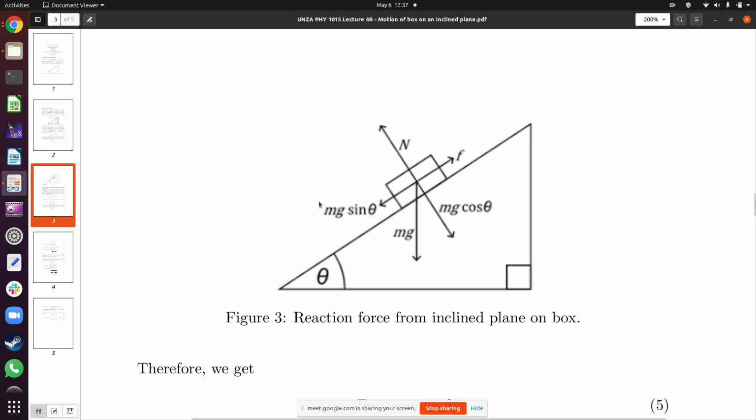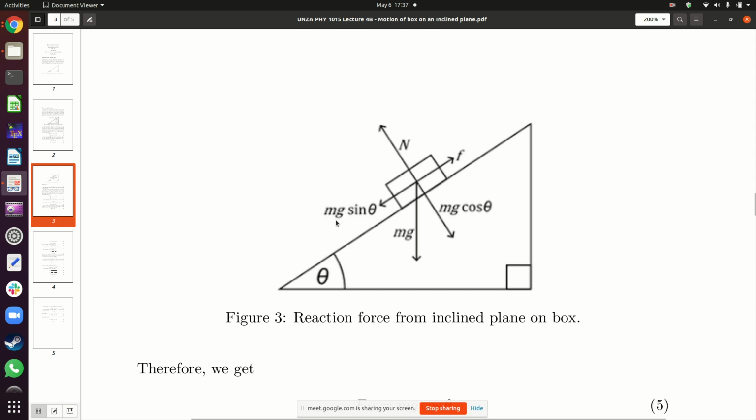It will be pulled by mg sin theta downwards. Are we clear? Are we clear on this? So mg sin theta is a component of the weight that pulls the box down.